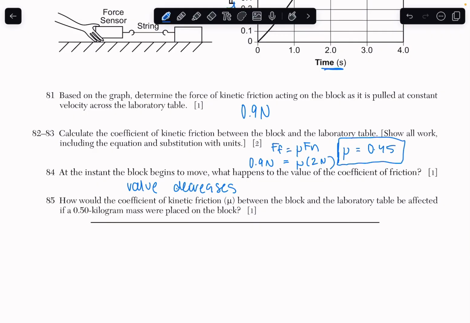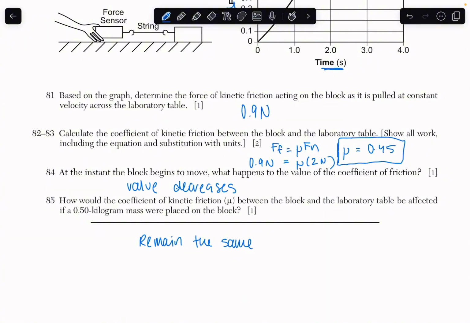85. How would the coefficient of kinetic friction between the block and the laboratory table be affected if a 0.5 kilogram mass were placed on the block? So, it would remain the same. It would remain the same because the coefficient of friction only depends on the materials of the touching surfaces. So if you're putting a 0.5 kilogram mass onto the block, there's no difference.